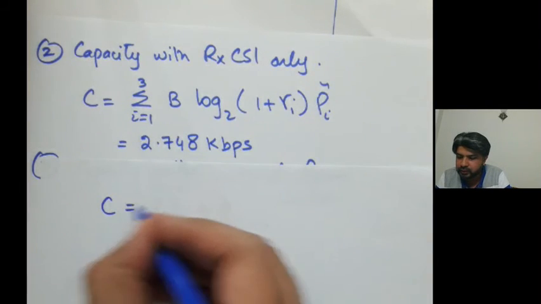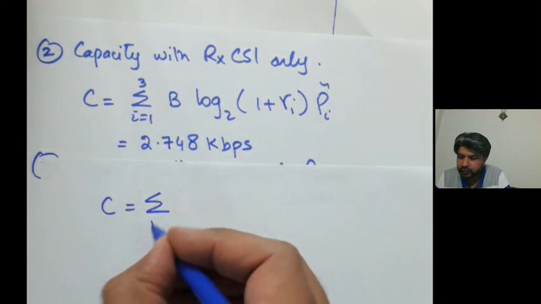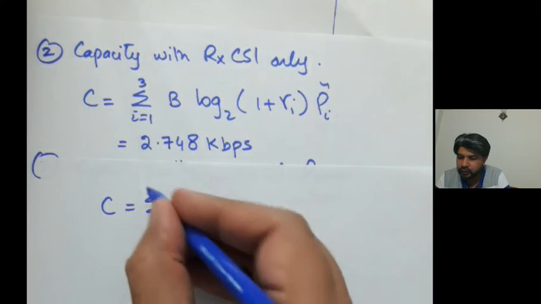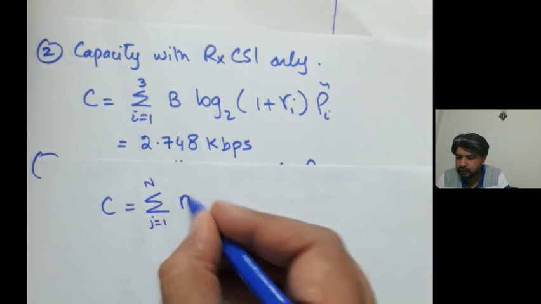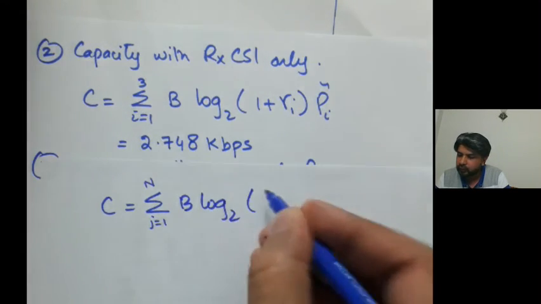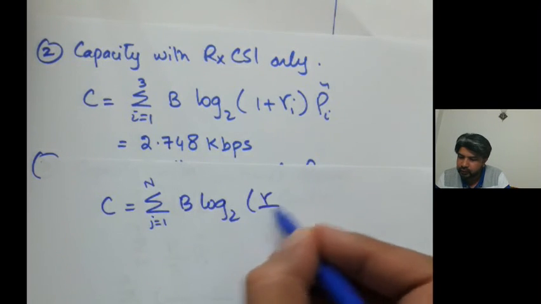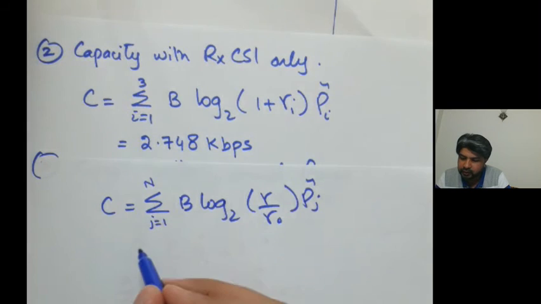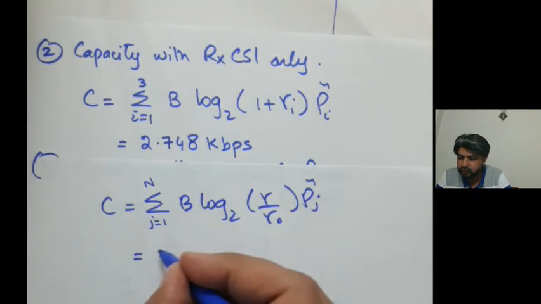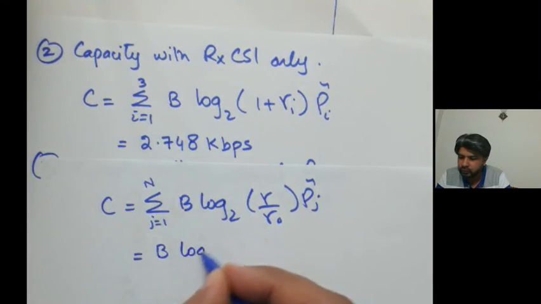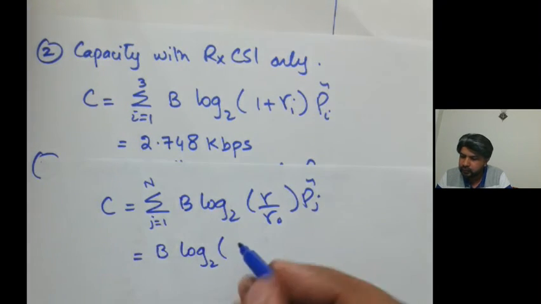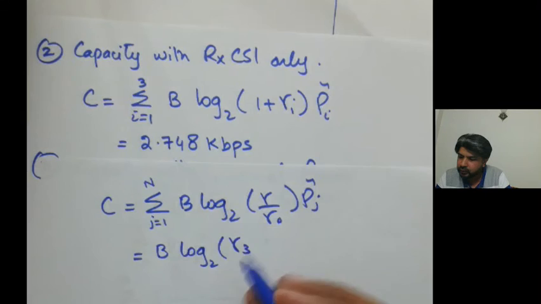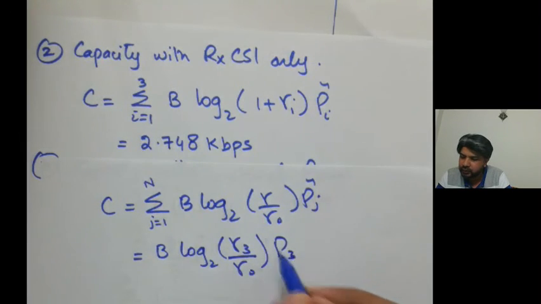So remember, capacity is summation j equals 1 to n, B log base 2 of gamma over gamma naught times pj tilde. But in this case, we have used only one state, so your capacity would be equal to B log base 2 of gamma 3 over gamma naught times p3 tilde.